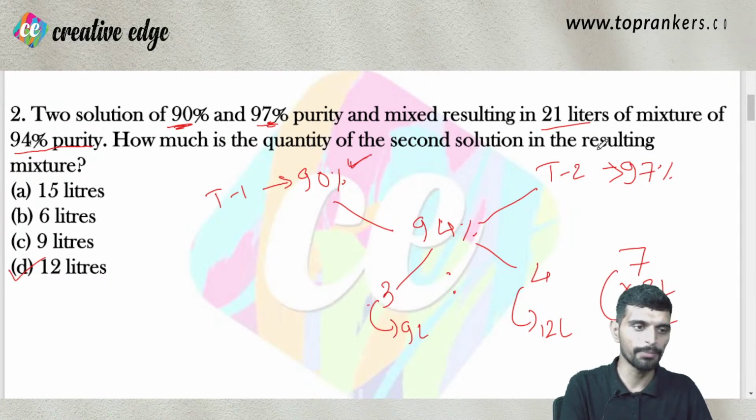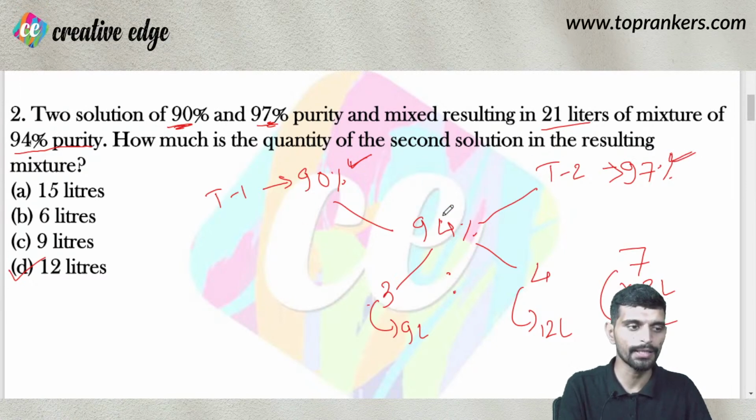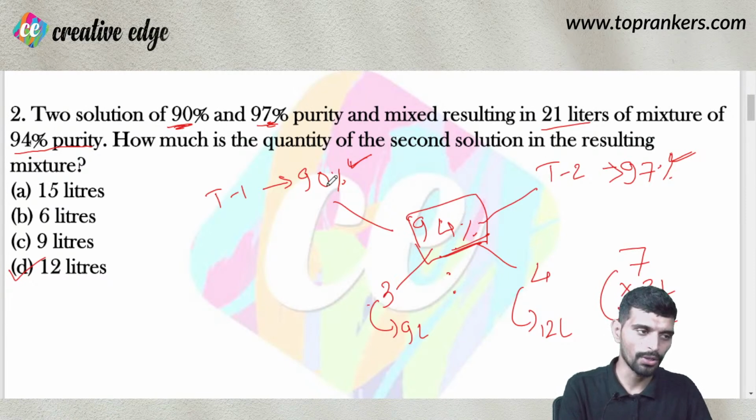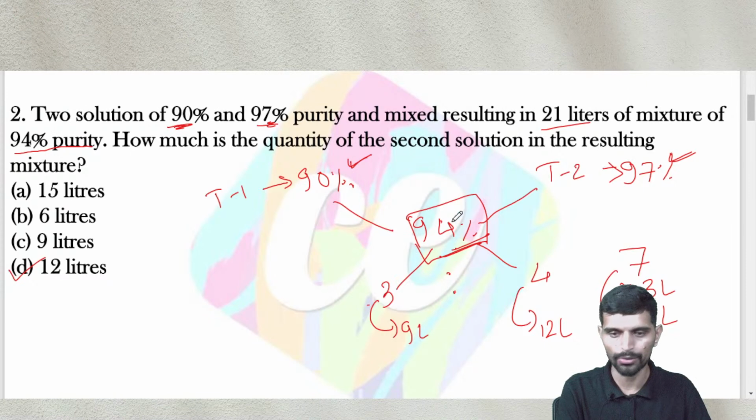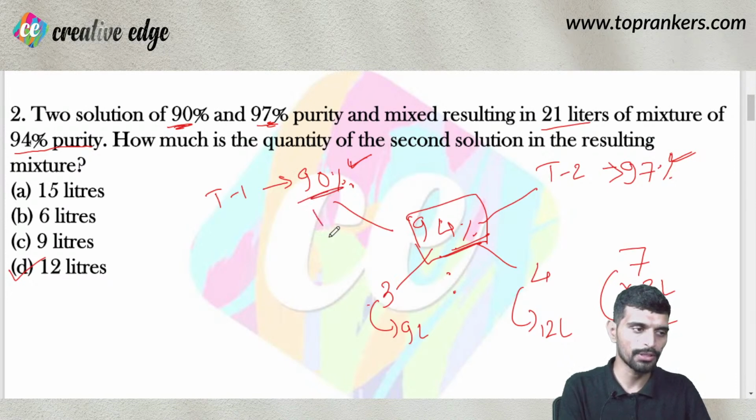Type 1's percentage was given to you, type 2's percentage is given to you, and the final resultant value from mixing them is also given to you. So, if you know the individual values and the final resultant value, you can apply the allegation method, and the difference of the two. So in the cross you write the difference.